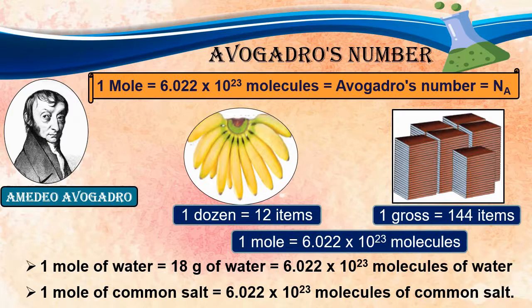Therefore, we can say 1 mole of water is equal to 18 grams of water, which is equal to 6.022 into 10 raised to 23 molecules of water. Similarly, 1 mole of common salt contains 6.022 into 10 raised to 23 molecules of common salt.